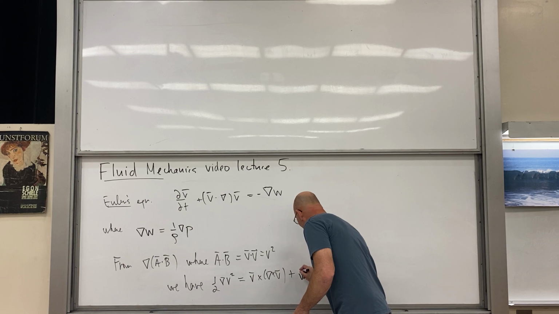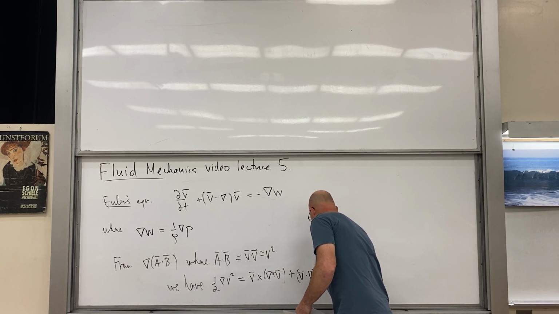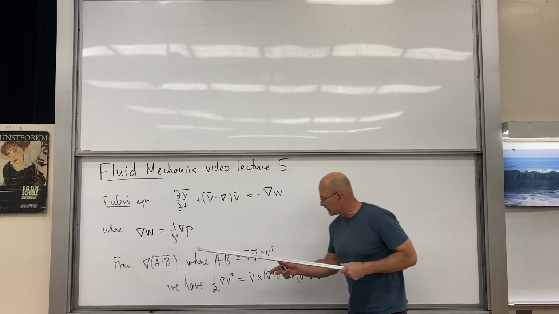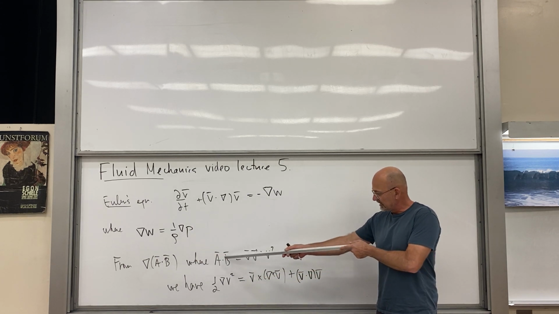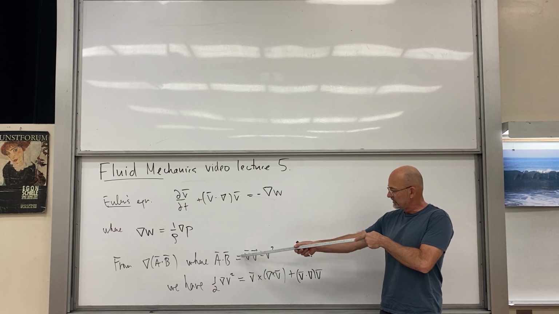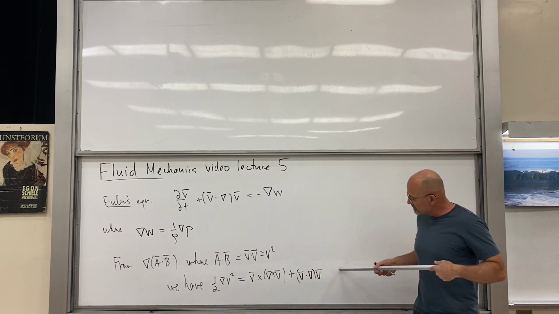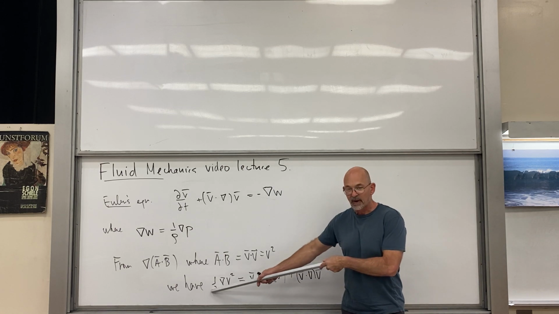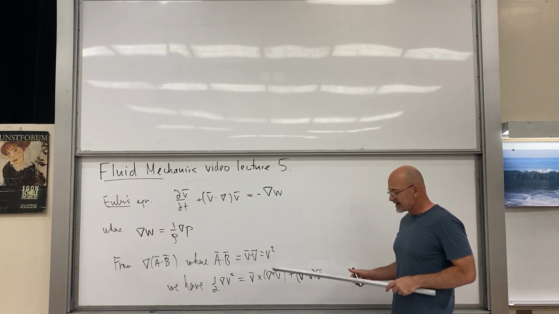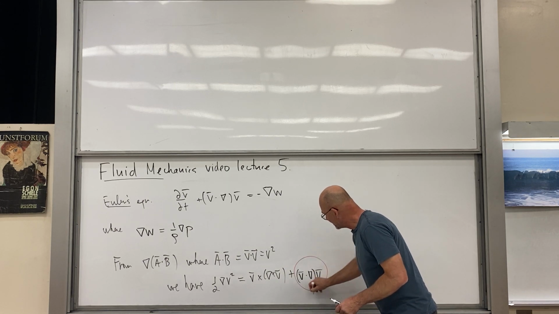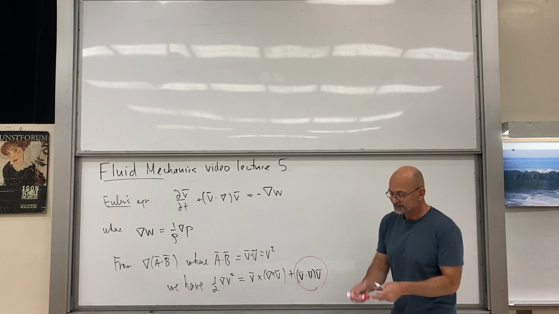Plus v dot gradient v. So what we could do here, and by the way, this formula was symmetric in A and B because A dot B equals B dot A. Okay, so we just had 2 of these terms and take 1 of each and divide by 2. But what we want to substitute is this one. That's the one we recognize.